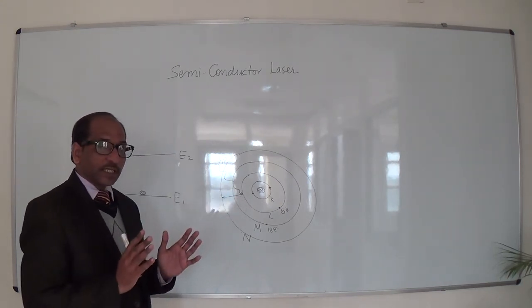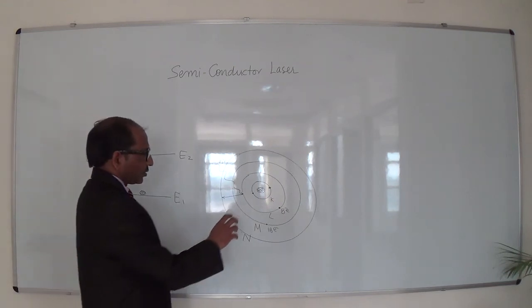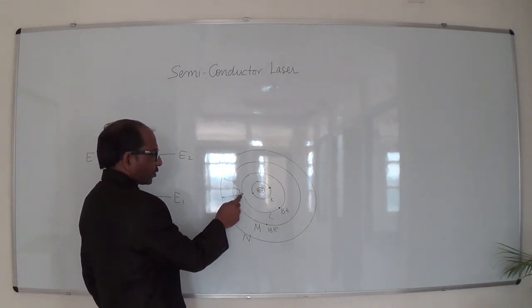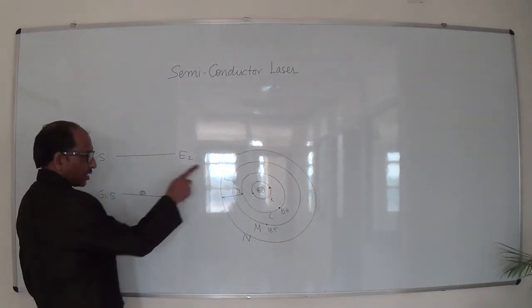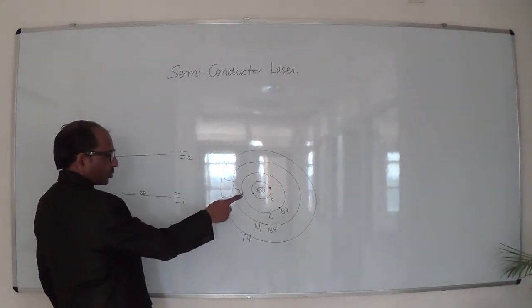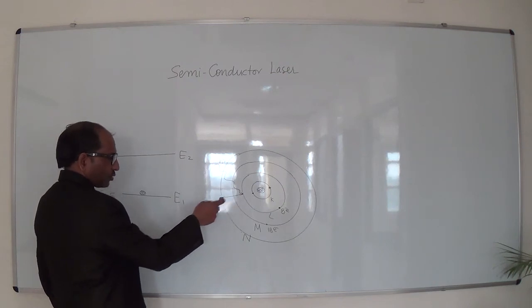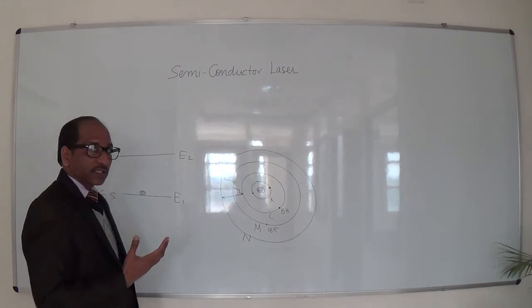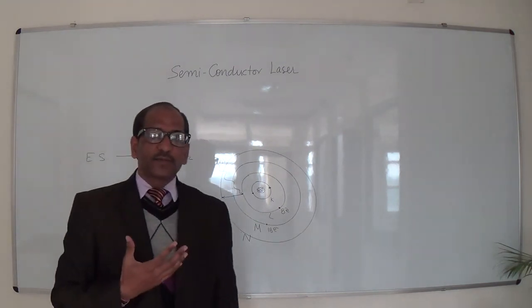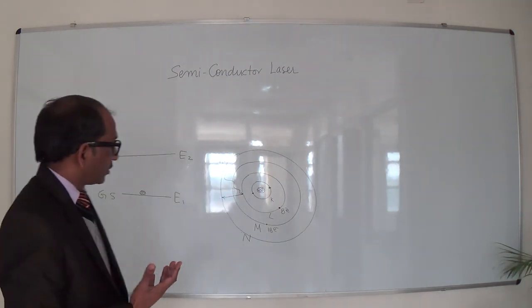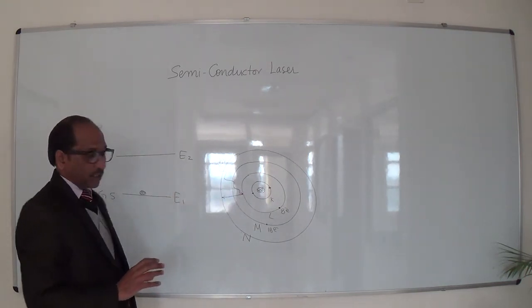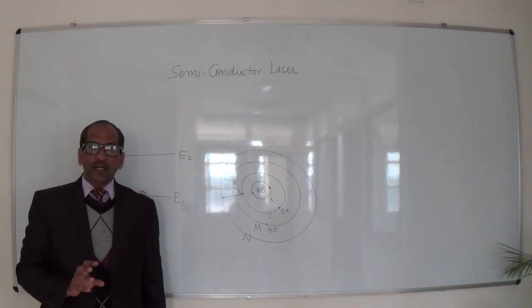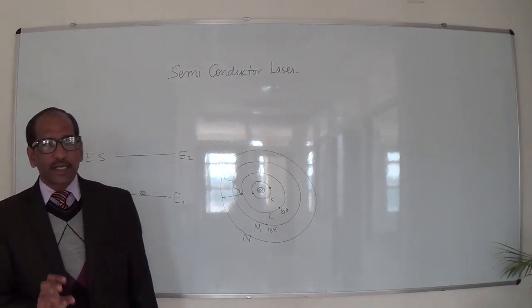So the first state, before absorbing this photon, is known as the ground state, and now when this electron absorbs the energy and goes into a different state, the electronic configuration has been changed, and this situation for the atom is known as the excited state. This is the basic idea of ground state and excited state.